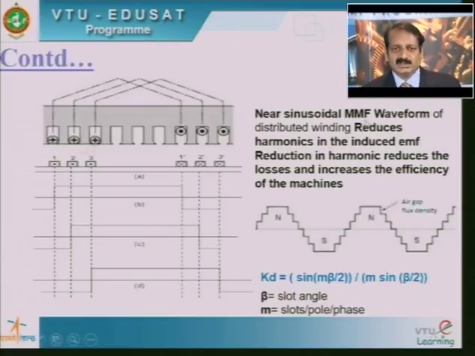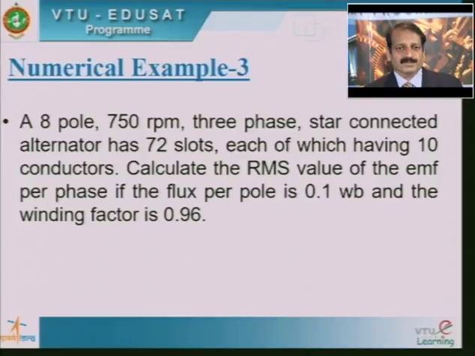This is the effect of distributing the coil, and if the harmonics are reduced, the losses are reduced, and since the losses are reduced, it increases the efficiency of the machine which is connected to this alternator.